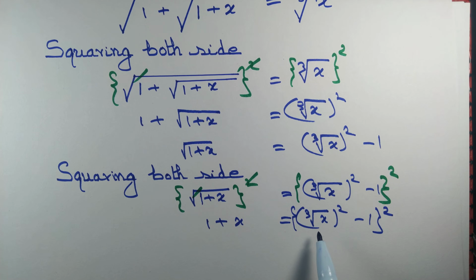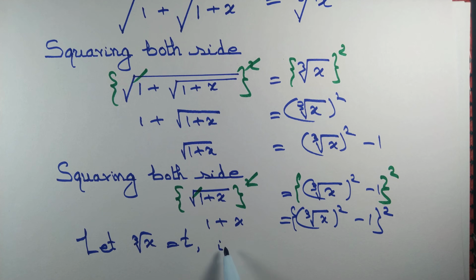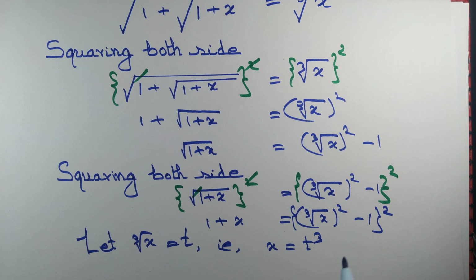Now you see that if I write cube root of x equal to t, let's say, let cube root of x equal to t, that is x equal to t cube, then we will be able to remove the radicals. Let's do it.